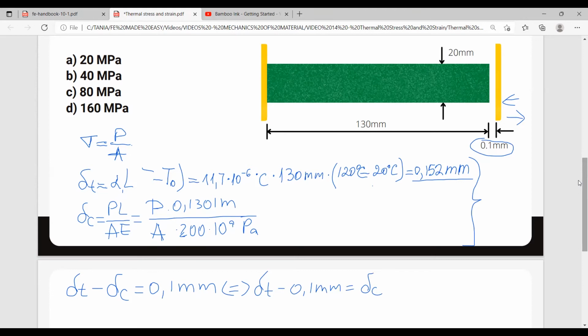Thermal deformation equals 0.152 millimeters minus 0.1. We have 0.052 millimeters, and let's transform that into meters.